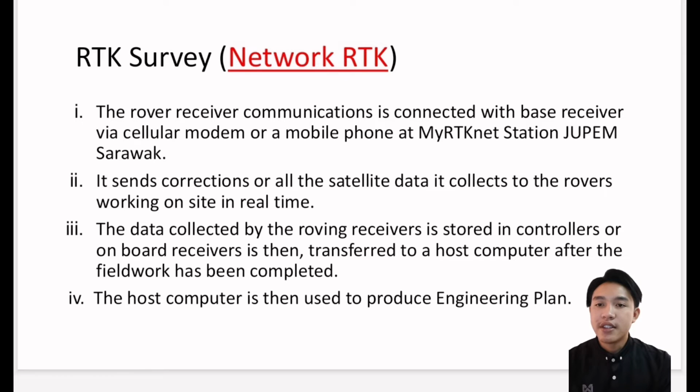Third, the data collected by the roving receiver is stored in controllers or onboard receivers, then transferred to a host computer after the fieldwork has been completed. Fourth, the host computer is then used to produce the engineering plan.